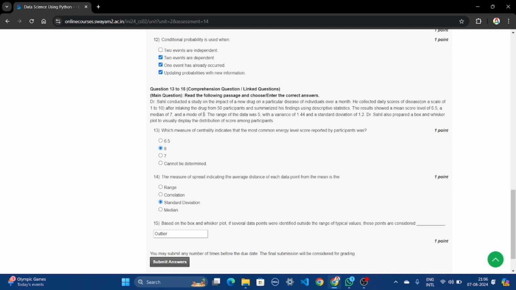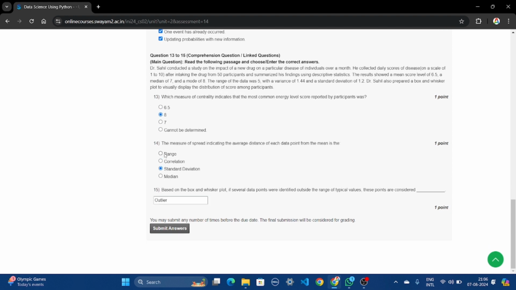So it is 8. So the correct option will be option B. Moving to 14th question. The measure of spread indicating the average distance of each data point from the mean is the standard deviation. So the correct option will be option C.